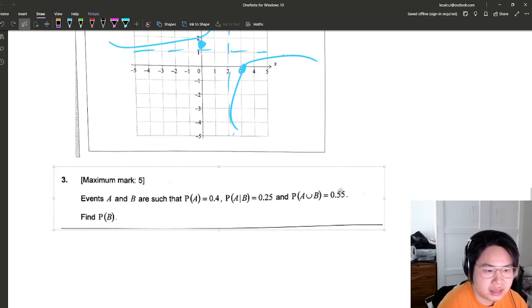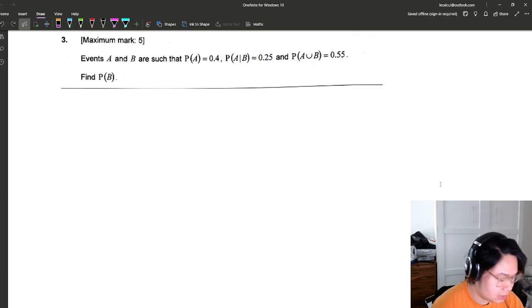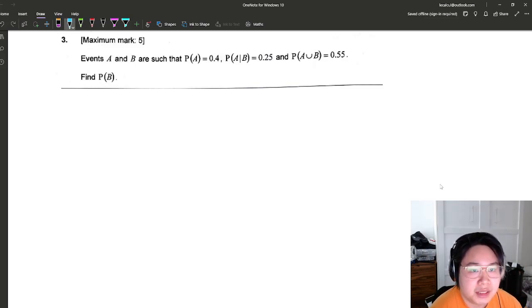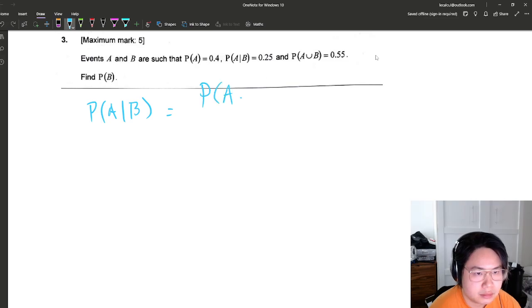looks like a pretty standard probability question. P(A) is this, P(A given B) is that, union is that. Find P(B). Okay, so we're going to use the conditional formula right now, which is this.